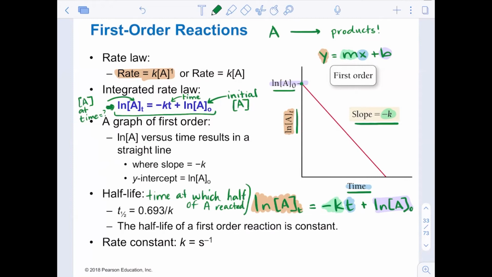A half-life for a first order reaction is constant. The equation is t 1/2, the abbreviation for half-life, is equal to 0.693 divided by k. Essentially, we're taking this equation and asking, when will the initial concentration be halved?